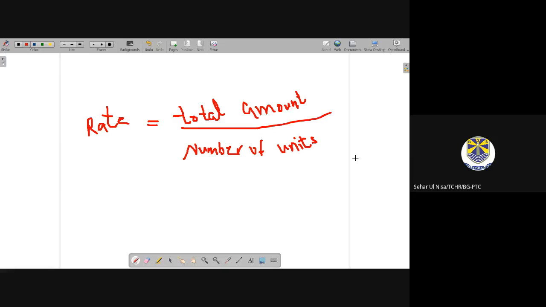And in your question, the total amount is $576, and the number of units is 8. So when you divide 576 by 8, you will get your answer. Are you done with this formula?